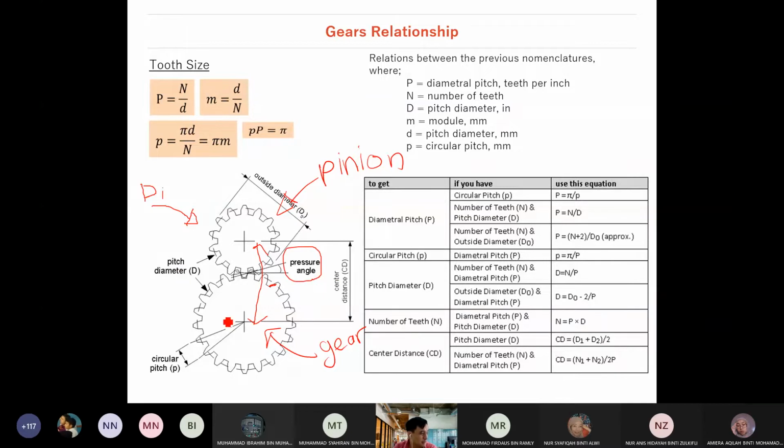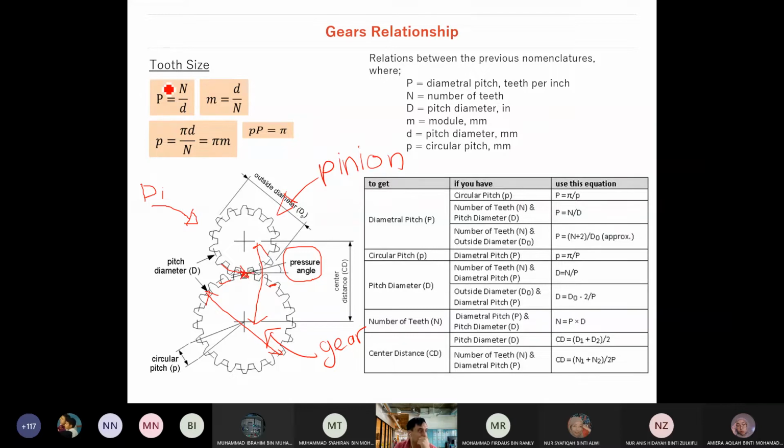And also the pitch diameter, macam saya cakap tadi. The pitch diameter yang penting tu, there is a contact of the teeth between the two gears. Kalau awak tengok sini, dia punya definition betul-betul macam roller cylindrical. Dia akan touch kat sini dia punya silinder, dia punya diameter tu.